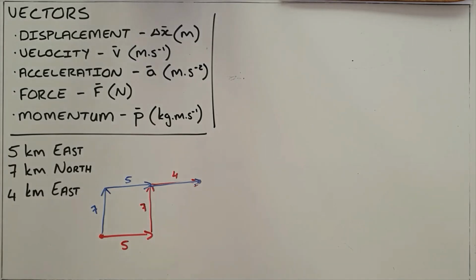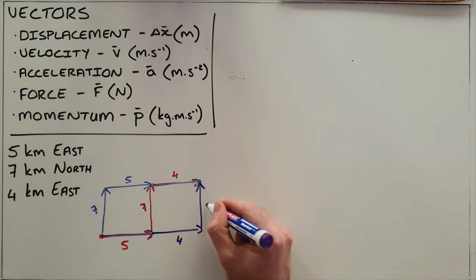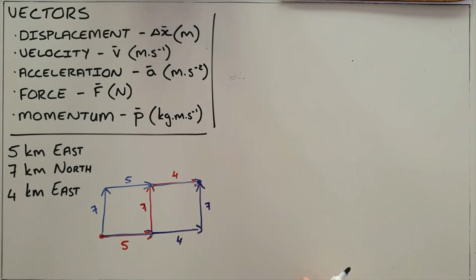And finally, the third way in which this could have been done would have been first by going 5 kilometers east, and then 4 kilometers east, and then 7 kilometers north. All of this illustrates that the order in which vectors are added does not matter as long as they maintain their magnitude and direction.